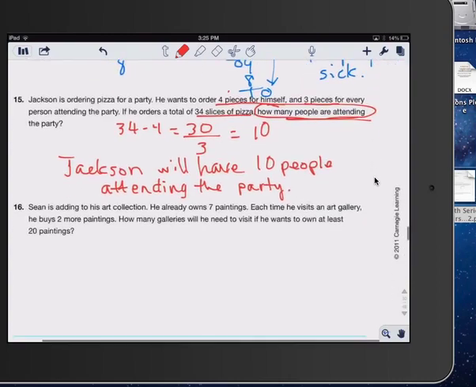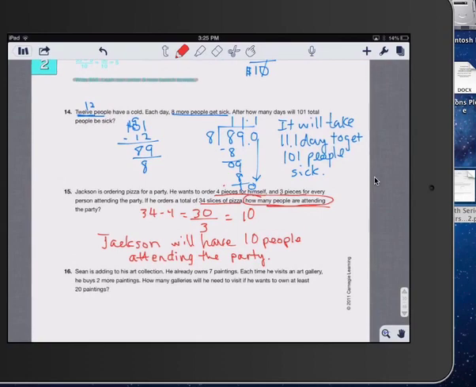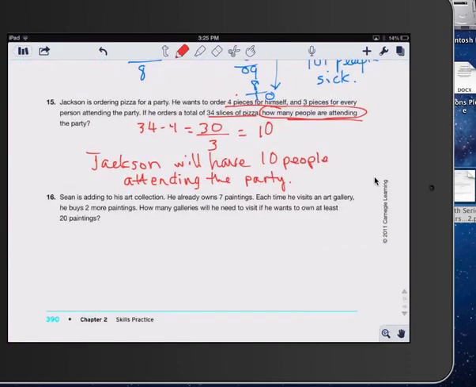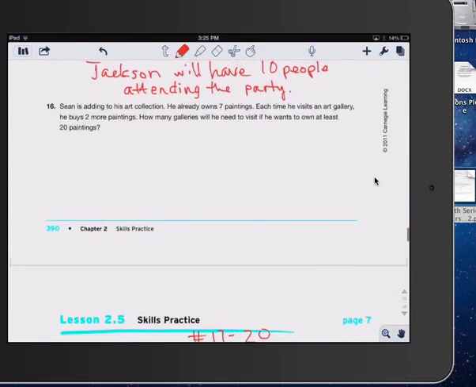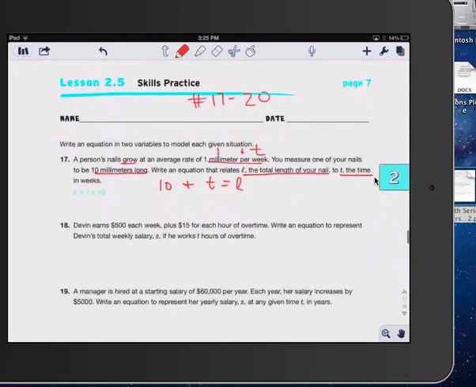Okay. Now, if you need more, do 16. It's very similar to that. Skip 7, go to 17. We did 17 together.